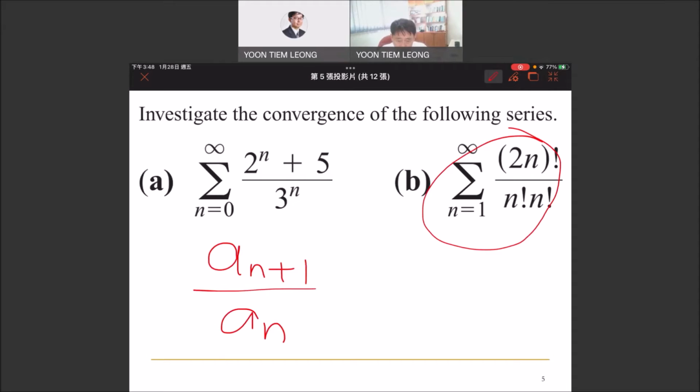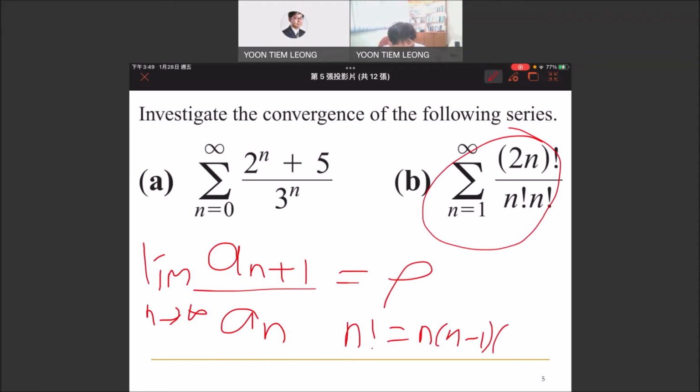Then in order to obtain the solutions from the limit when n goes to infinity, so that you can obtain the value of rho, you have to know how to deal with the factorial notation. So what you mean by factorial is, say you have n factorial, it simply means n times n minus 1, times n minus 2, all the way down to 2 times 1.